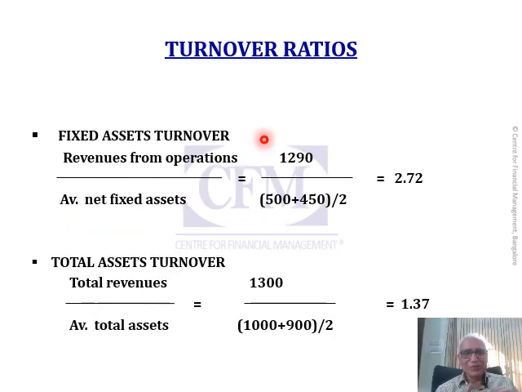Fixed assets turnover is defined as revenues from operations divided by average net fixed assets. Revenues from operations are 1290 million, closing net fixed assets are 500 million, opening net fixed assets are 450 million, so average is 475. Dividing 1290 by 475, we get 2.72.